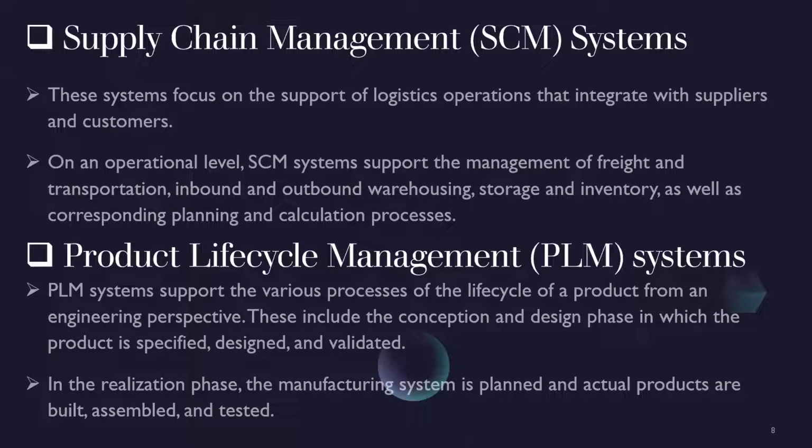Next is supply chain management systems. This system focuses on support of logistic operations that integrate with suppliers and customers. And on an operational level, supply chain management systems support the management and the transportation. It also consists of inbound and outbound warehousing, storage, as well as inventory.